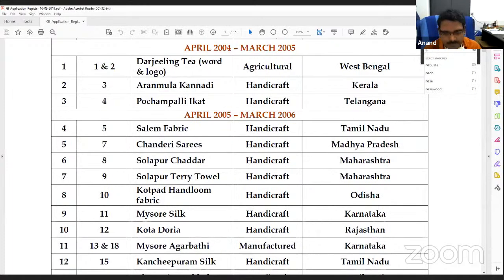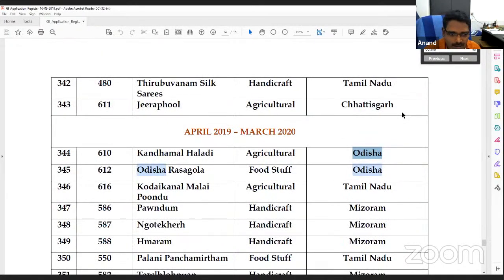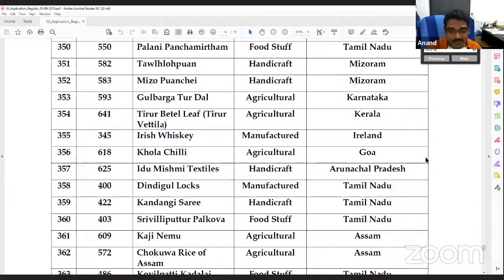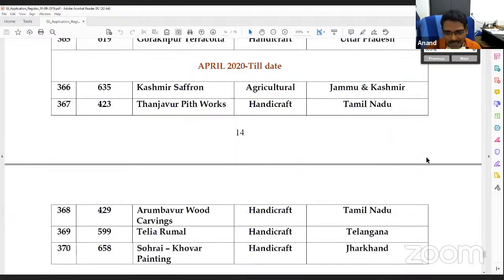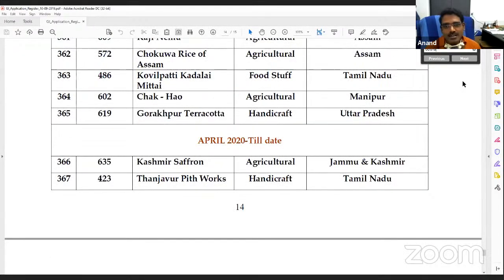So for instance, this is Bengal Rasgulla. It has a GI number 533. It is from West Bengal. Similarly, you have the Odisha Rasagolla, and it has the number 612. So for everything that is unique to a geographic place, you can apply for a GI and get a tag for it. Okay, so that much is what I thought I'd share with you. Thank you for your patience.